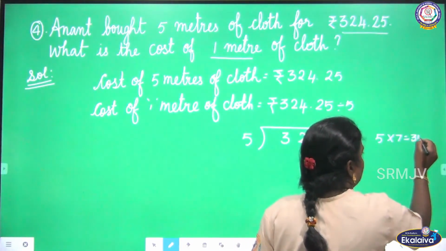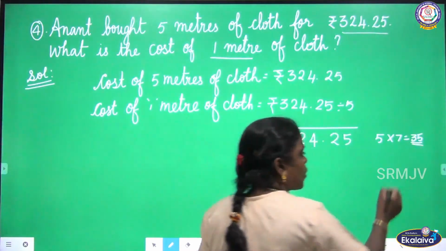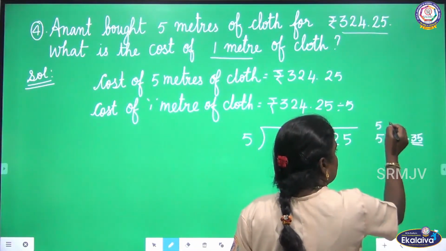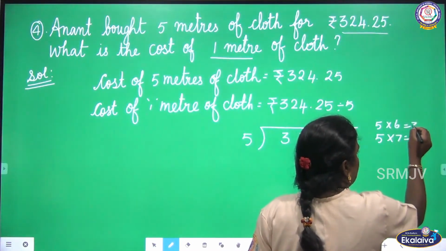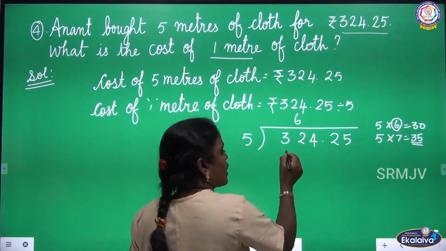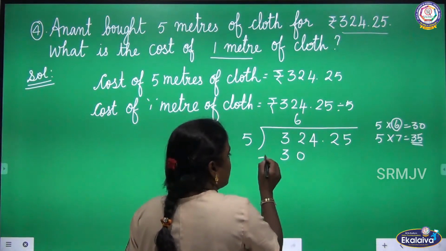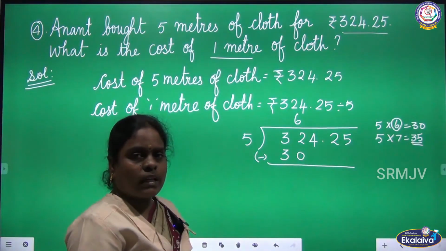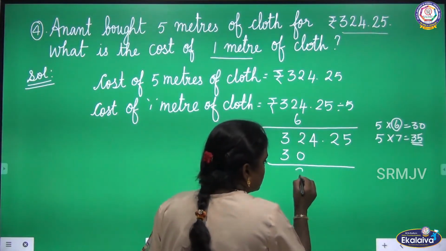Listen children, in 7th time we are getting the product 35. So I am going to take 6th time. 5 sixes are 30. So write 6 in the quotient, 30 below the number. 32 minus 30, it is 2.